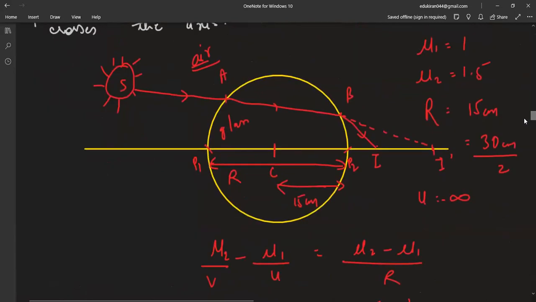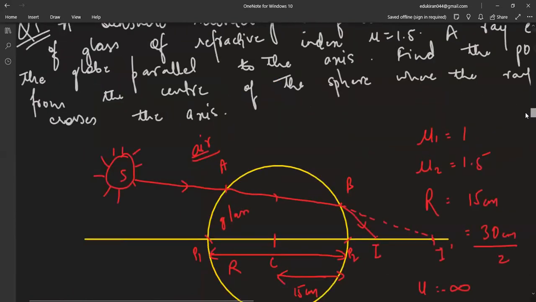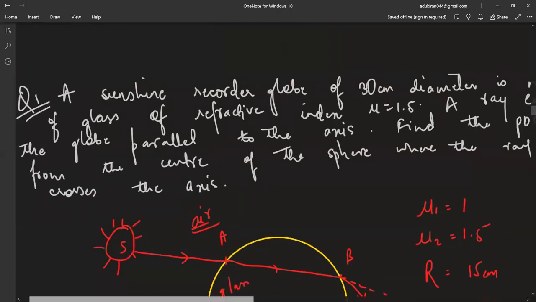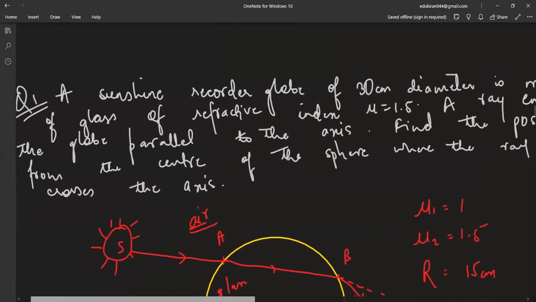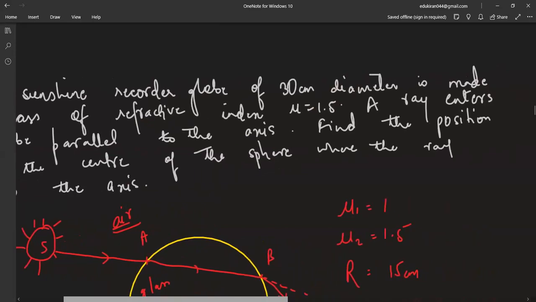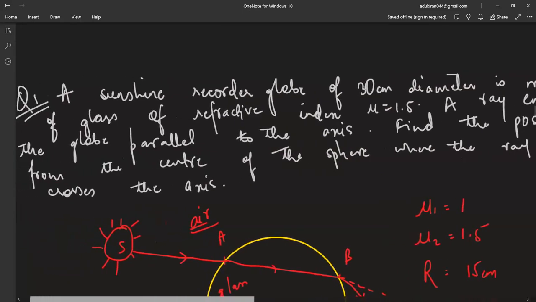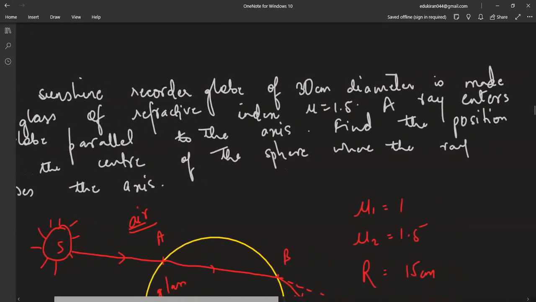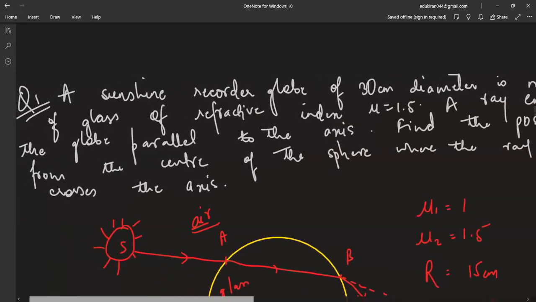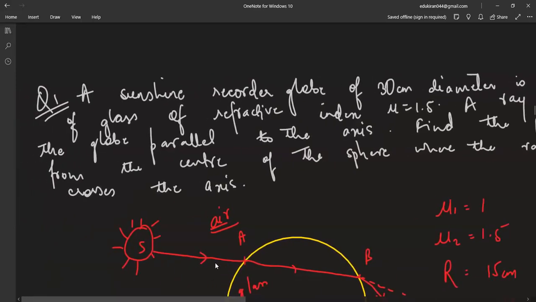Why is the object distance infinity? See, it is not telling you that the object is located at a certain position. What it is saying is, a sunshine recorder globe of 30 centimeter diameter is made of glass of this refractive index. A ray enters the globe parallel to the axis. Don't go by the figure. Actually, I have not drawn it properly. This is actually parallel.